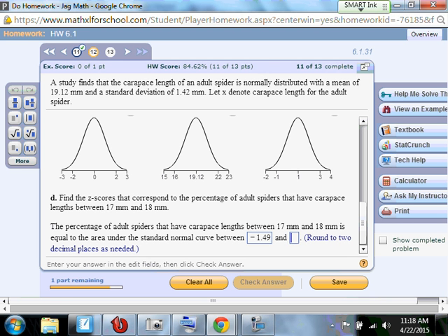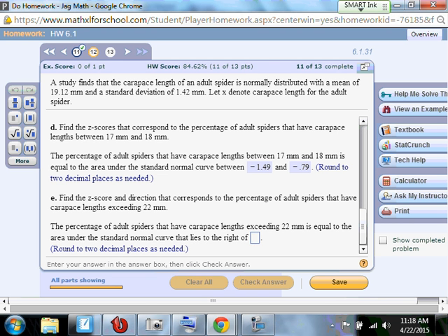I repeat that for 18, and I get negative 0.79. So the calculation there is 17 minus 19.12 all over 1.42, and then repeat that with 18. You've got to group the numerator. If you're using a calculator like that, you want to group the numerator.